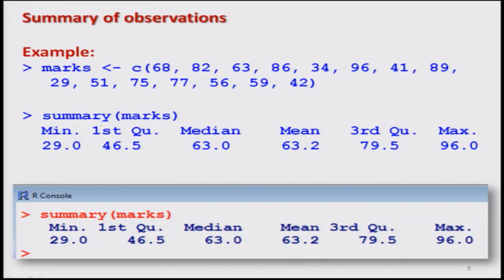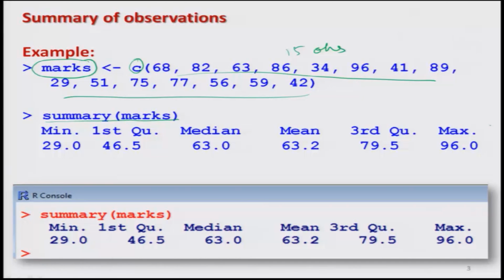So, I consider here a data set of 15 observations, and these observations are on the marks of students which are combined here inside a vector marks using the command c. Now, when I operate the summary function, it gives me here the summary of marks, and you can see this type of outcome comes. The first value is the minimum value.